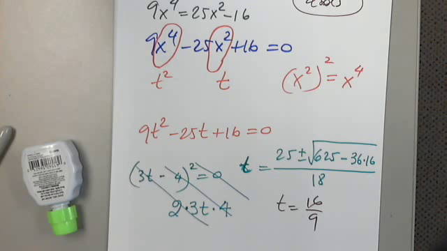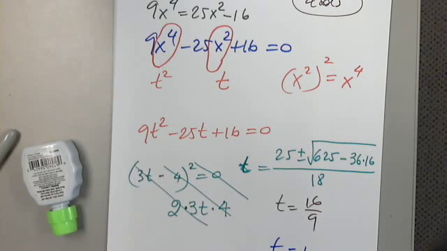Okay, so I go back and override the positive into a negative. Let's see what I get. And I got 1. That's even nicer. I love that. So I get 2 options for t. First option was 16 over 9, and the second option was 1.